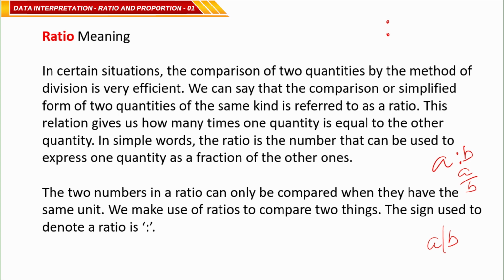For example, CGS units and SI units: in CGS units we say for force the unit is dynes, and in MKS units it is Newton. We can say 1 Newton is equal to 10 to the power 5 dynes. When you compare this we say 1:10 power 5, like so many comparisons.